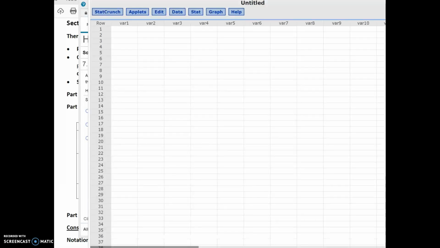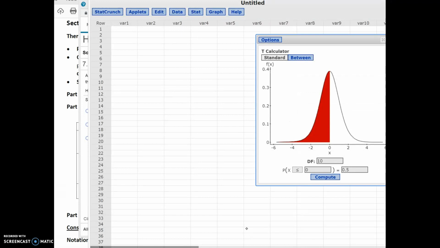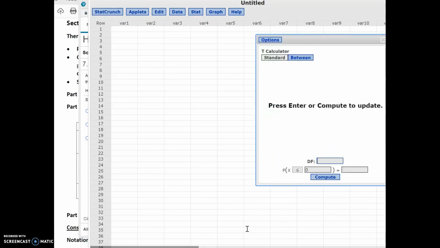And here you're going to do stat, calculators, and go to the T, because we're doing the student T distribution. This asks for degrees of freedom. Degrees of freedom are your sample size, or n minus 1. So my sample size was 151, so I'm going to put 150 here.